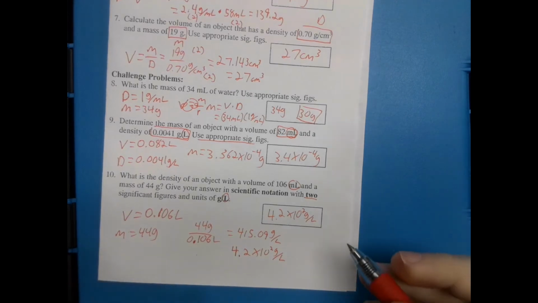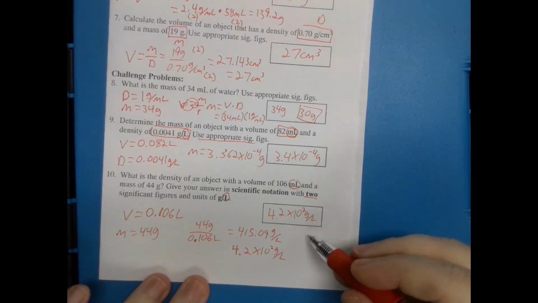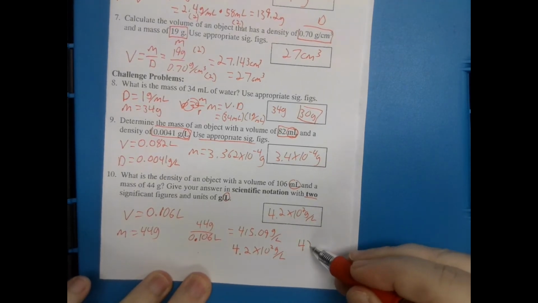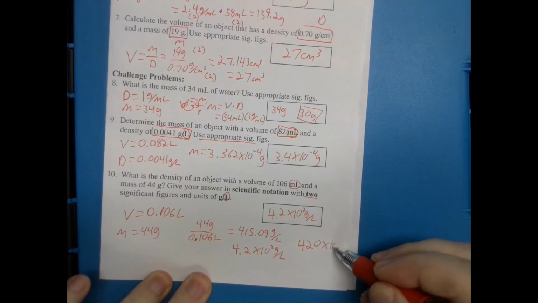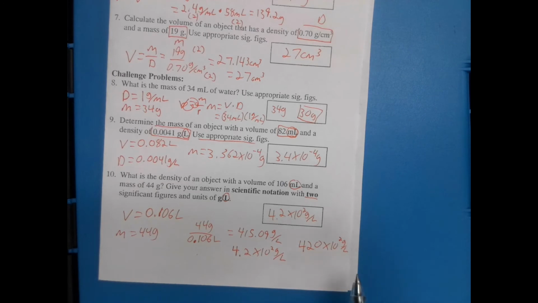Especially in the other class, I saw this answer a lot: 420 times 10 squared grams per liter. What I'm assuming happened is someone didn't put a decimal point, or they put it so small you couldn't see it, and a lot of people copied.